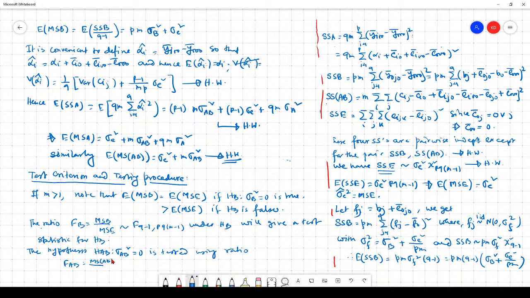This is same for all three effects, because all three effects the valid error for testing HAB same, that is MSE. So please note down this thing. P minus 1, Q minus 1, PQ, M minus 1. Sorry. Under HA.